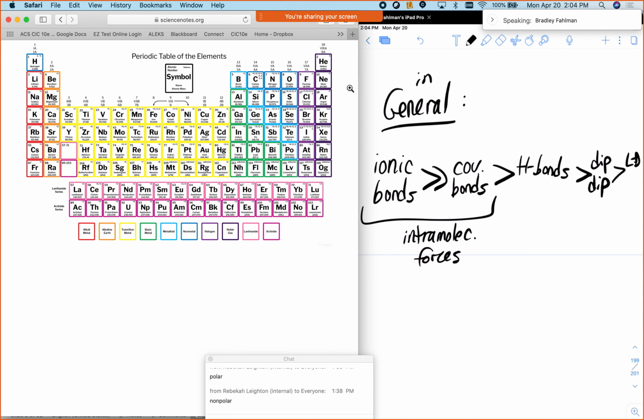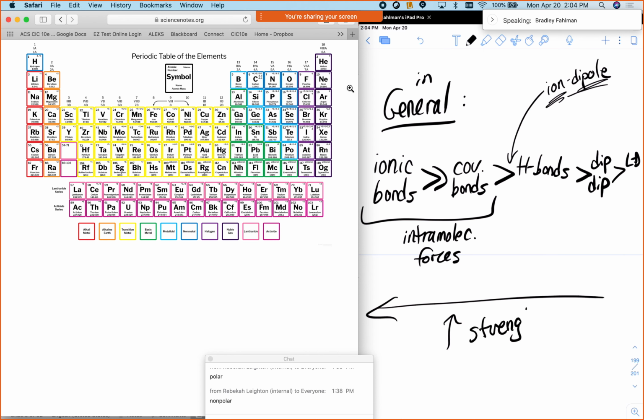I guess we did ion-dipole in there too, didn't we? So ion-dipole kind of fits in there. So it's even stronger than hydrogen bonds in general, although it depends on what ion you have and what molecule. So that's the strength of these. Increased strength means increased boiling points or freezing points.